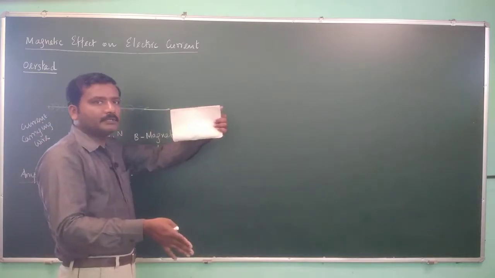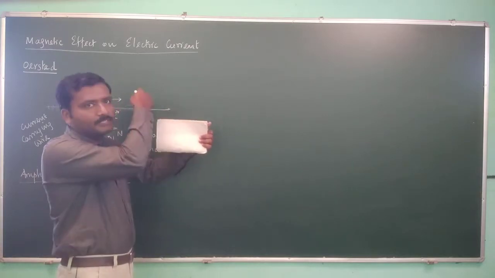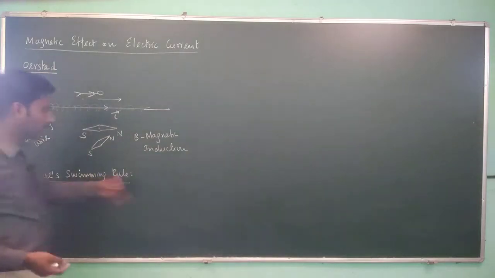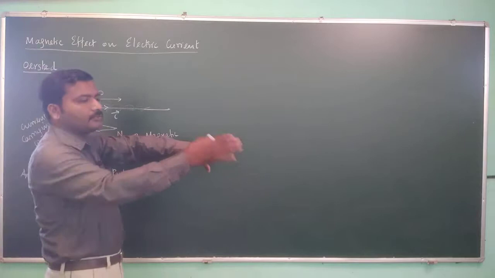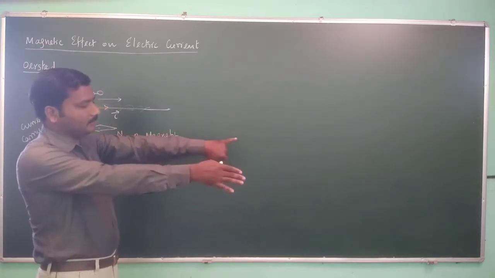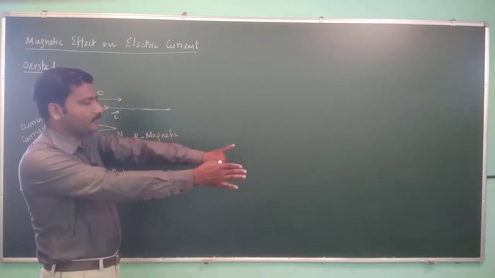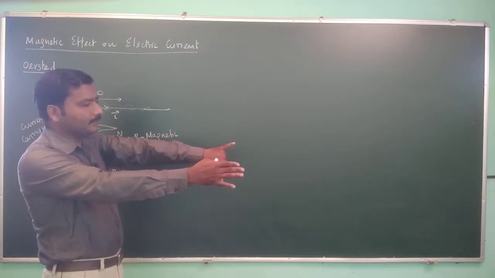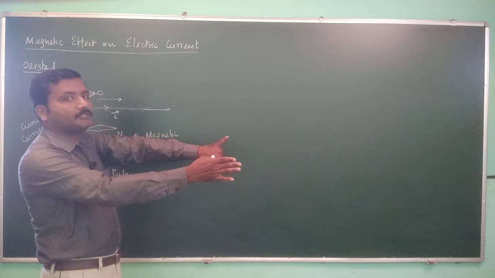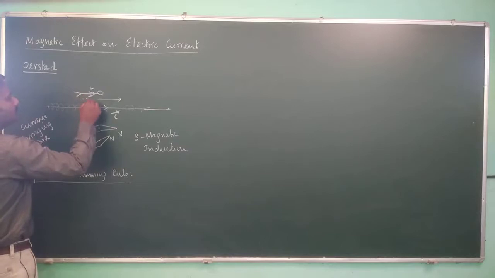If this person is facing this needle, then he has one hand this side, one hand that side, this is the right hand, this is the left hand. Now, if the current is switched on, then this needle will deflect towards his left hand.